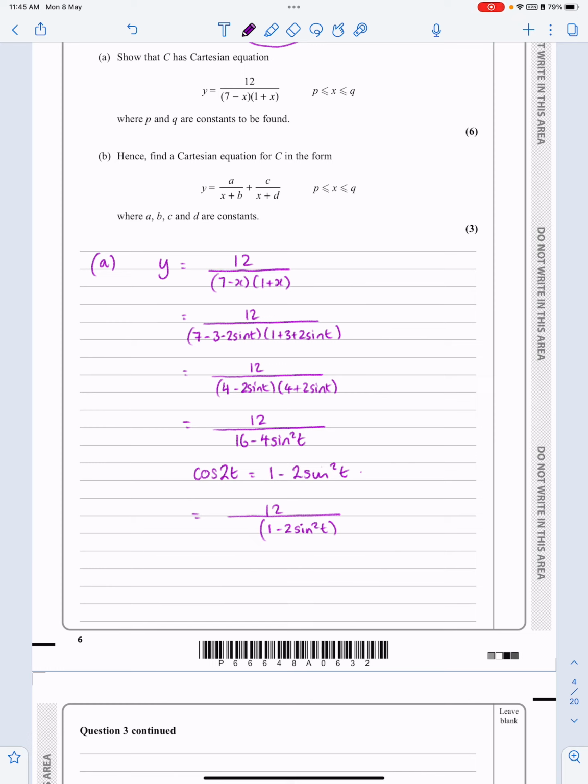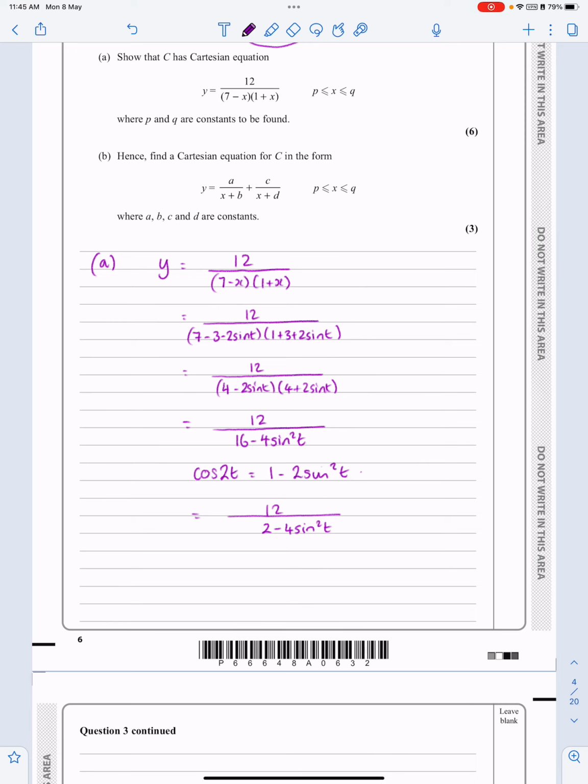Because I've got 4 sine squared in there, the only way to do that is to have that written down like that. So that's 2 minus 4 sine squared t. I'm now going to get rid of all that thought process and say, really, I want this to be 2 minus 4 sine squared t.